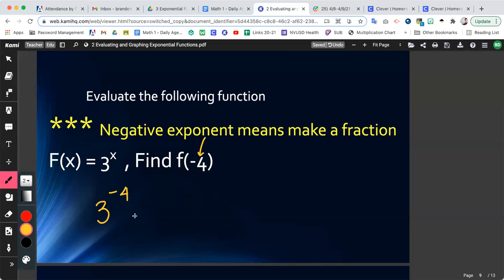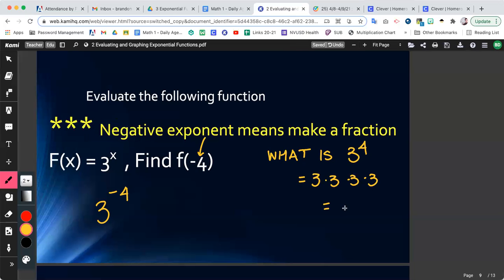So remember, these problems are not too difficult. It's no times table. Okay, so essentially, we're asking ourselves, what is the positive version? So what is 3 to the 4th? Not 12, that's 3 times 4. 3 to the 4th means 3 times 3 times 3 times 3.